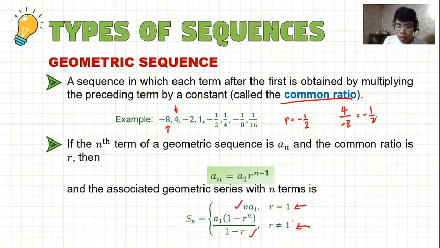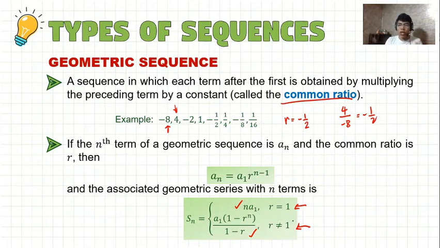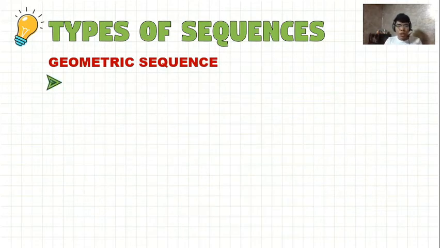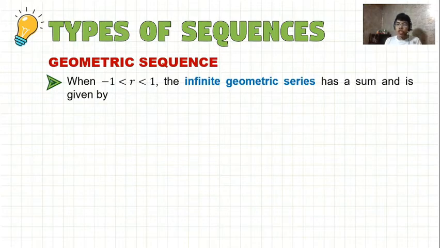Okay? Now, sir, meron ba tayong formula for infinite? The answer is yes, but there is a condition. Okay, so what is the condition? If your sequence is infinite, when your r is between negative 1 and 1, the infinite geometric series has a sum.